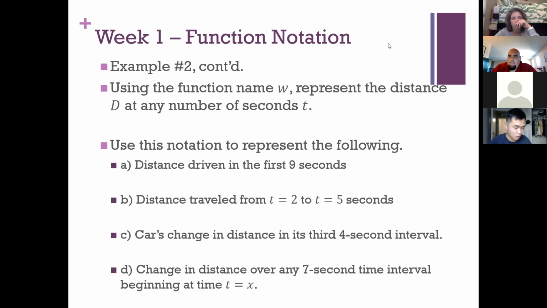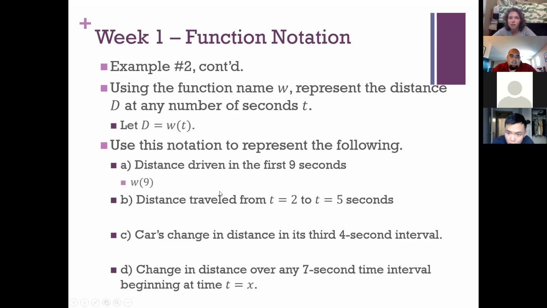I'm sorry. W of 9 equals d, the first A. Sorry, I wrote it out. I'm sorry. Go ahead. You're good. So W of 9 equals D. Yeah, I want T to equal 9. 9 seconds is the amount of time that I am concerned with. That is the value of my independent variable.